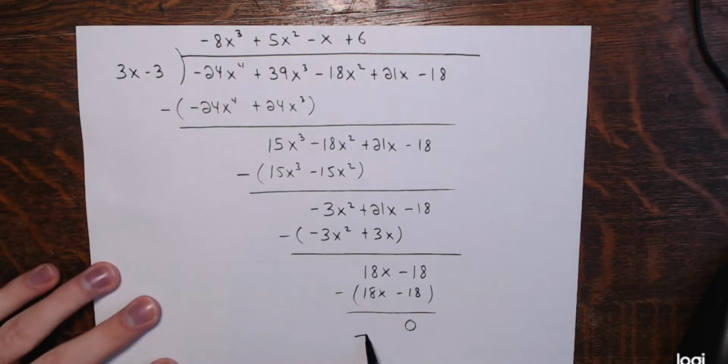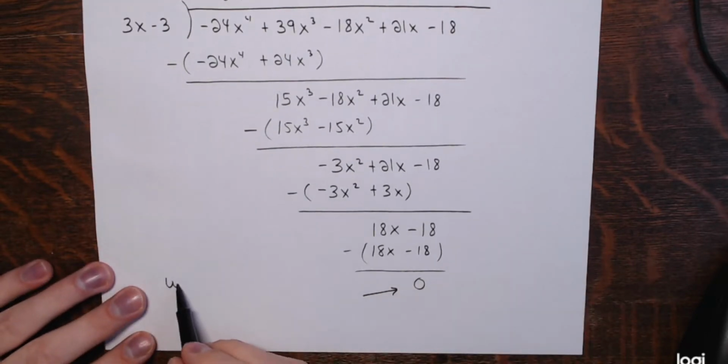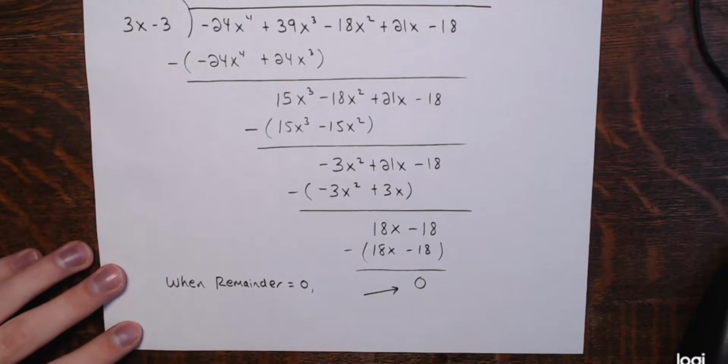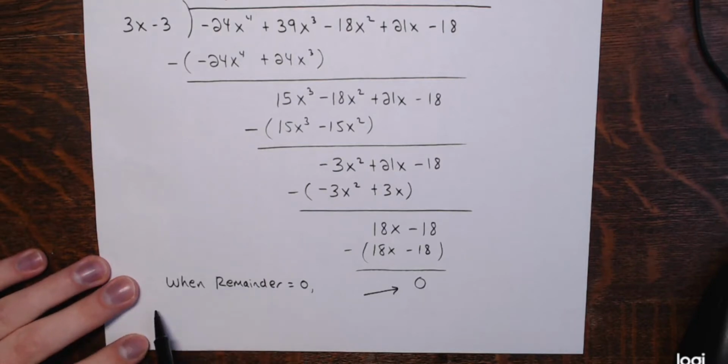And if the remainder is 0, that tells you something. When the remainder is 0 and there's nothing left over, that means that the divisor is a factor of the dividend. In other words, the dividend is quotient times divisor plus 0.